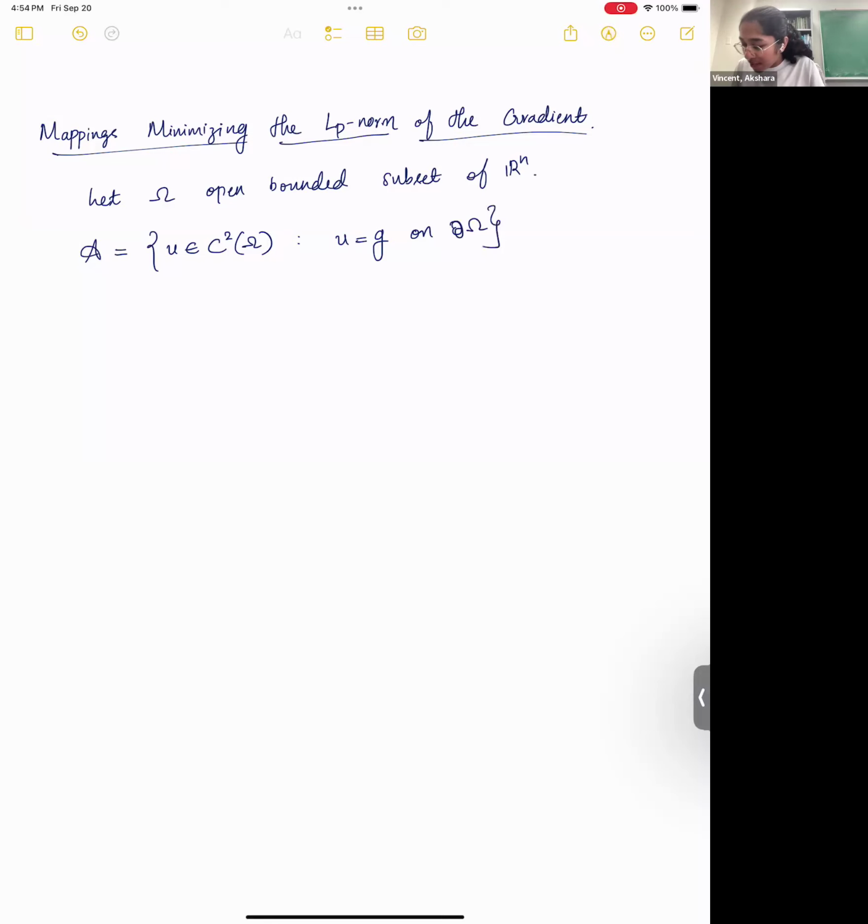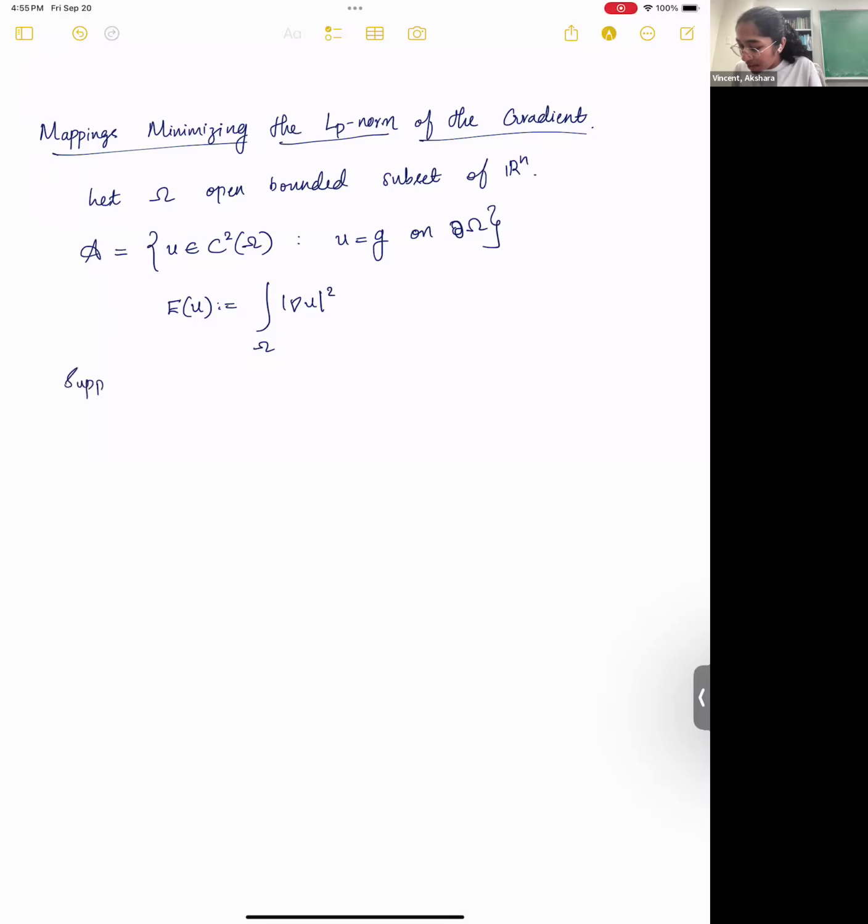So now we define the energy E of u as the integral over omega of the modulus of the gradient of u squared. So for this class of functions, we are looking at the energy E of u defined in this way, and we are looking at the function that minimizes the energy on this class.